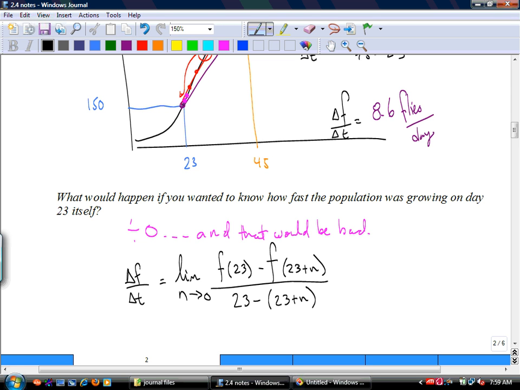What's going to happen? What happens to the 23 in the denominator? Are you just left with negative n?